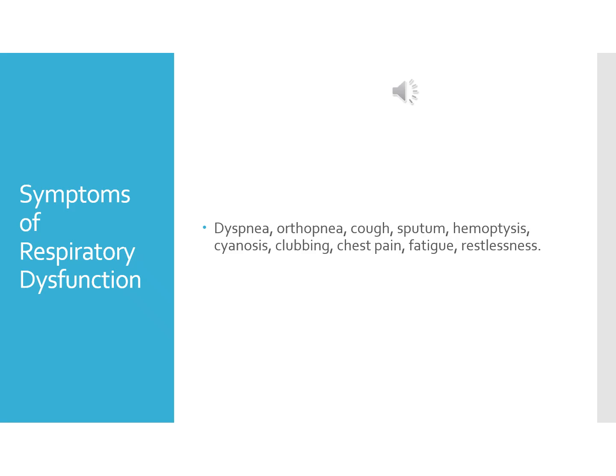Usually, pleuritic chest pain is sharp, and it is worse when a patient is breathing in deeply or coughing. So that is how you would know it's a pleuritic chest pain or a respiratory chest pain as opposed to a cardiac problem.